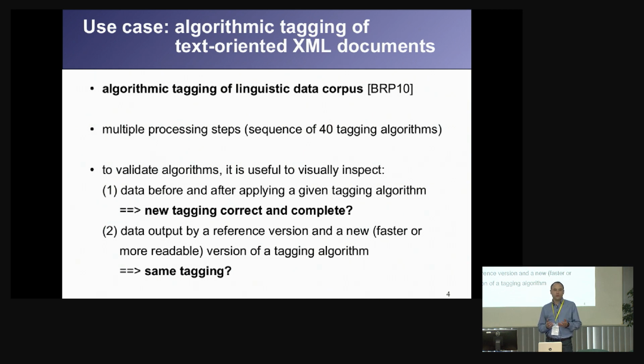So the question here is, is the new tagging correct and complete? And it's also useful to visualize, secondly, data output by a reference version of a faster or more readable version of an algorithm. The question here is, is it the same tagging?